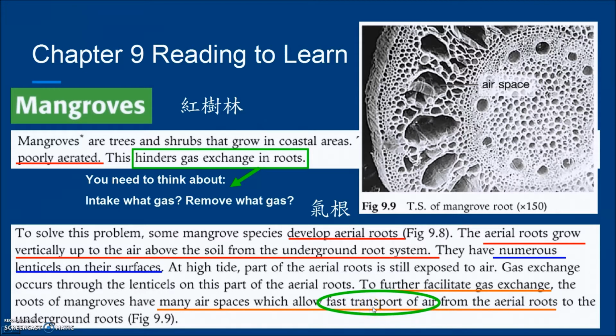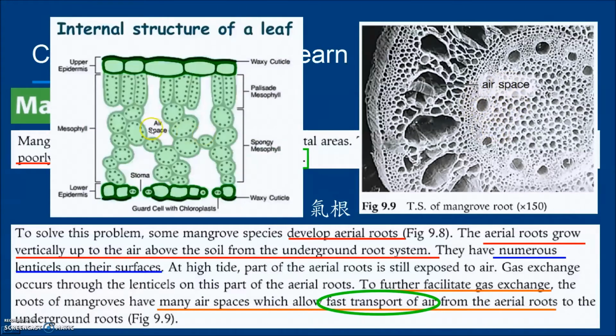So that means many air spaces allow gases or air diffusion from the aerial root to the underground root. Not just for the root, because firstly we talked about air spaces in the leaf structure. So you will know that not only the leaf but also maybe the root and the stem have air spaces for the gas diffusion.